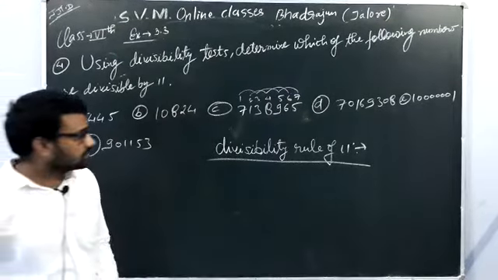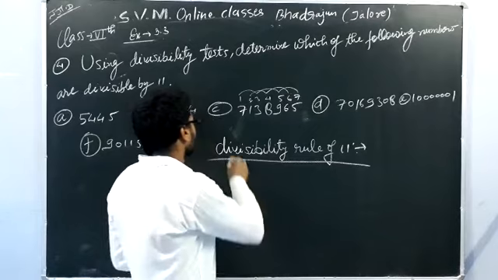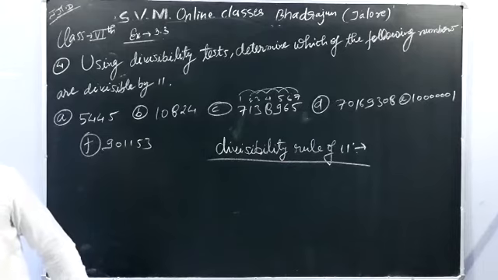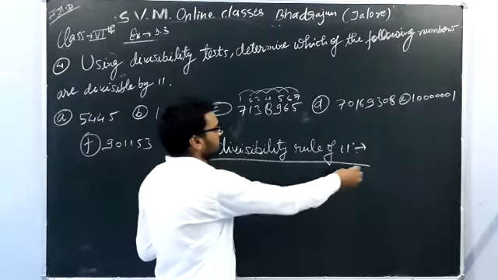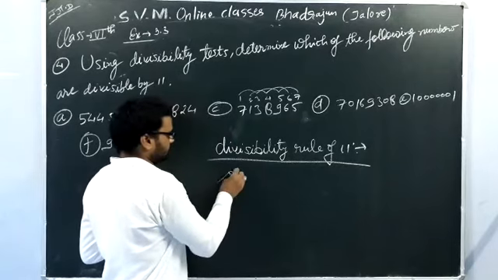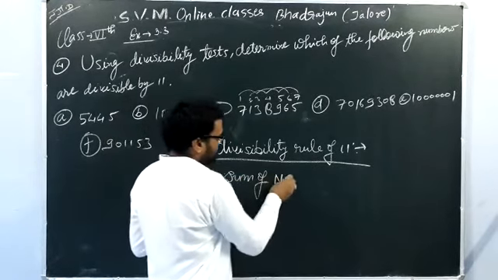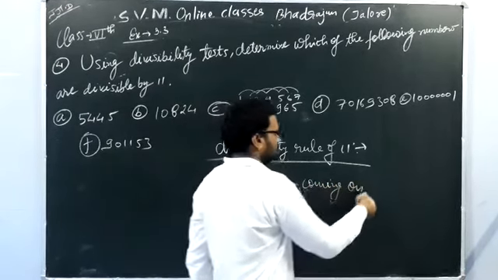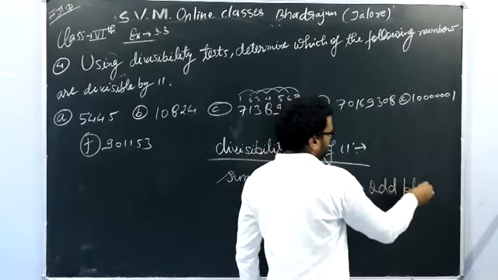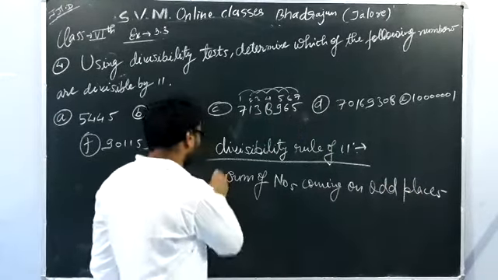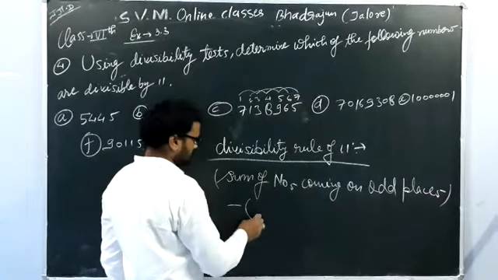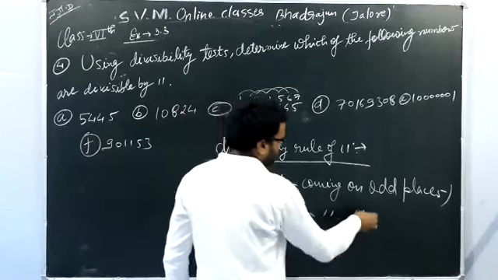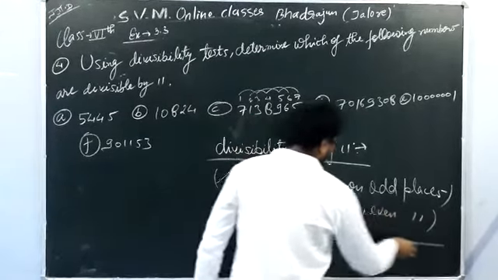So we can easily interpret the difference between even and odd. The divisibility rule of 11 is the sum of numbers coming on odd places minus the sum of numbers coming on even places, upon 11.